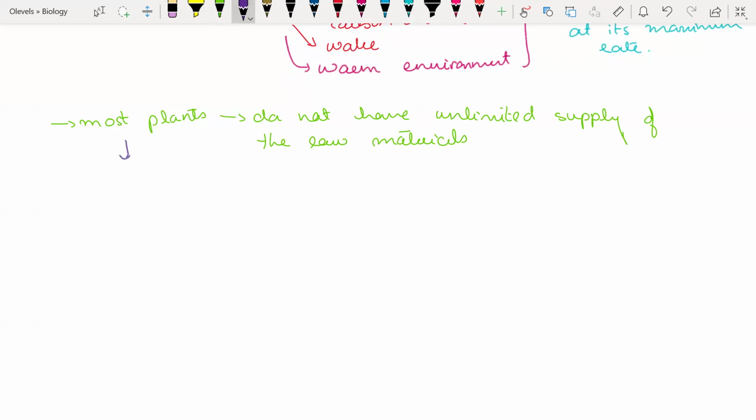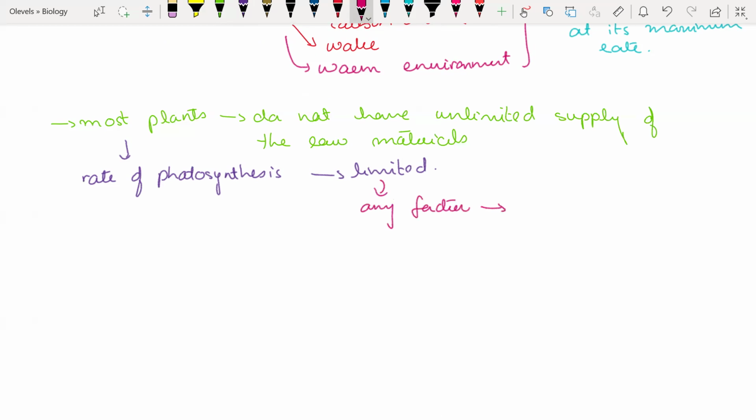Their rate of photosynthesis is limited. It is limited because of any factor that is in shortest supply at any given time.